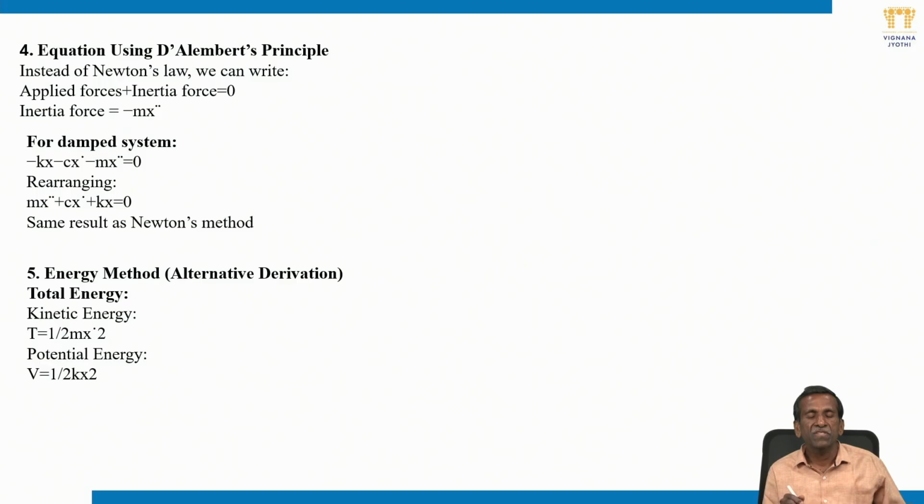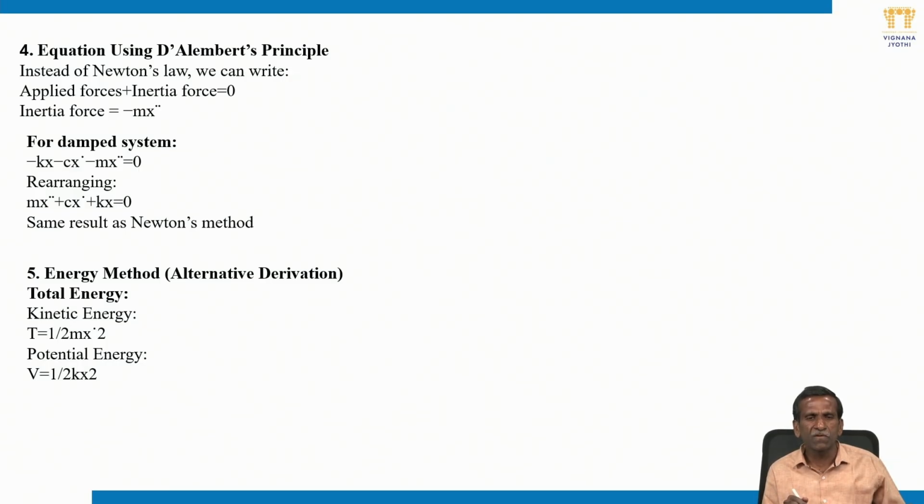Then the restoring forces act in the upward direction, while all downward forces are considered positive. Writing the sum of forces: minus k x minus c x dot minus m x double dot is 0. Rearranging, we get the same result as Newton's method.